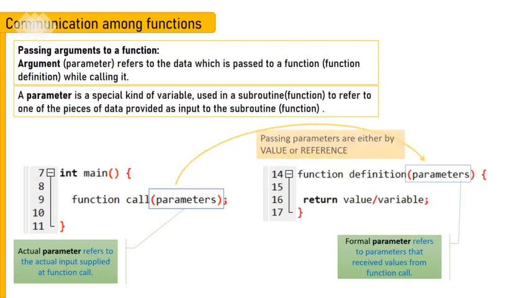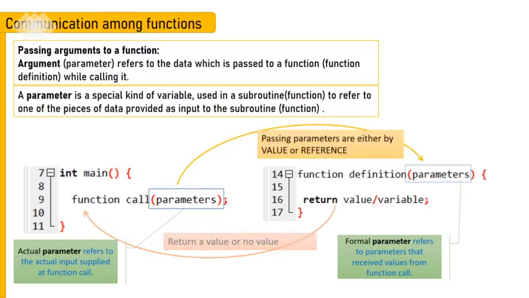So a function definition can use a return statement to return a single value only, or no value at all. So hopefully all of you understand the terms highlighted in this slide.